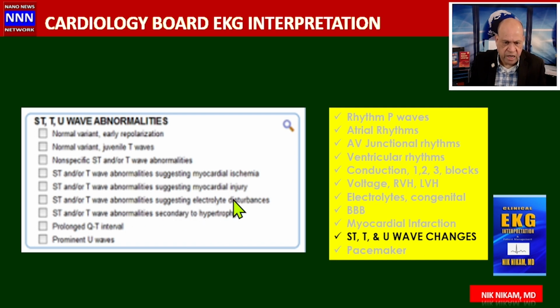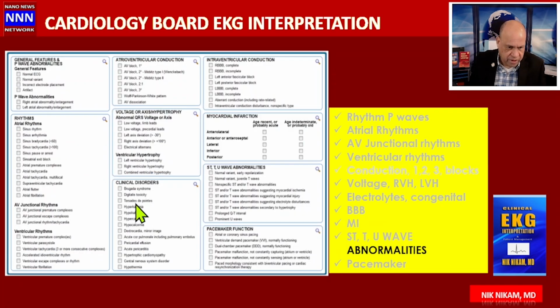Then abnormalities related to electrolyte imbalances, sodium, potassium, calcium. Some of those have been covered under the miscellaneous group, like hypokalemia, hyperkalemia, hypocalcemia, hypothermia, all these conditions. So you can watch that video.